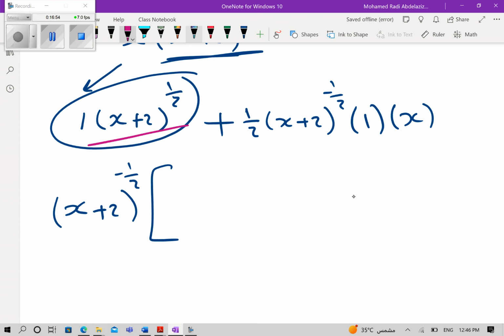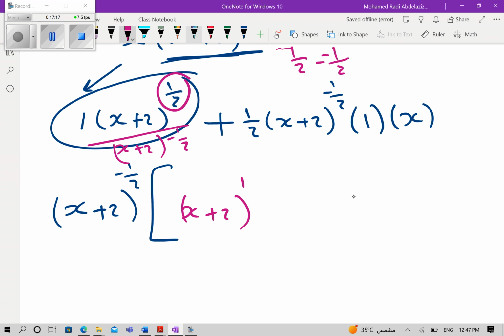So when you divide by (x plus 2) all to the power of negative half, just write the base, which is x plus 2, then subtract the powers. Half minus negative half will be plus 1.